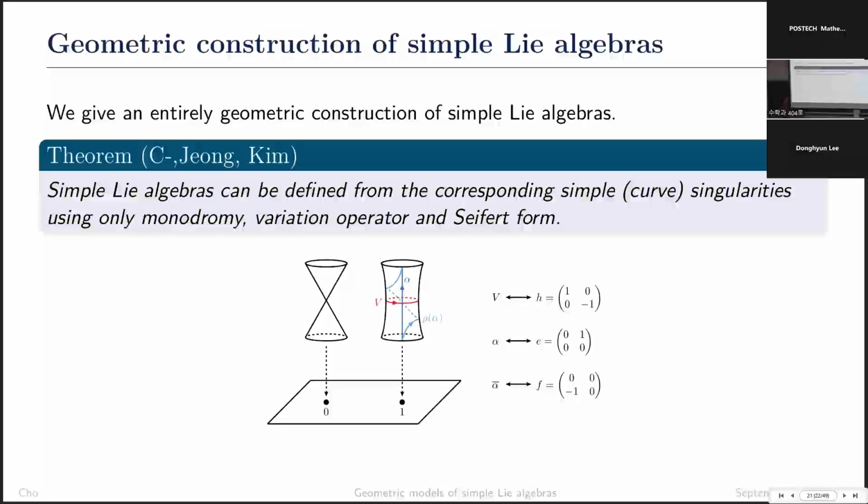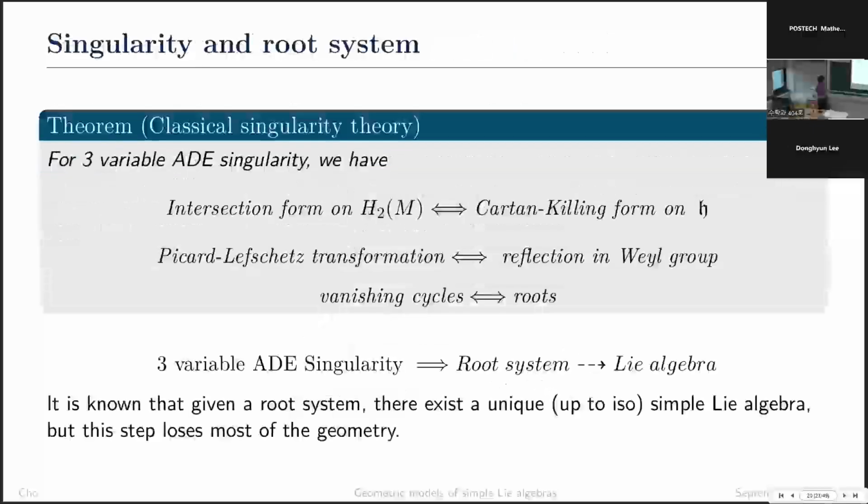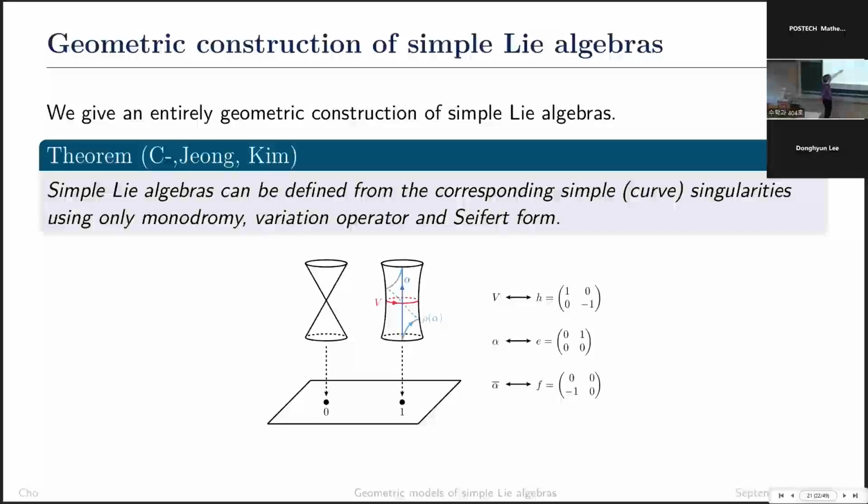So what we are going to do is give a formula for simple Lie algebras using arcs. We are going to use arcs, monodromy, the variation operator, and the Seifert form that I just introduced.